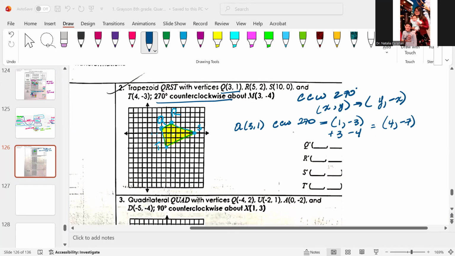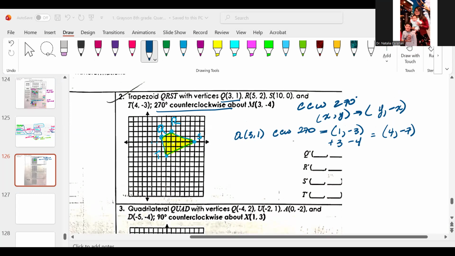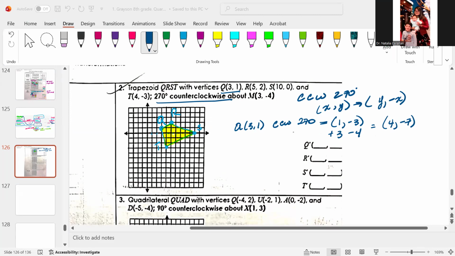Point Q, negative 4 and 2, or 3 and 1. 3 and 1 about point 3, negative 4. 3 and 1 about point M. What was point M? 3, negative 4. What is Q prime after rotation?